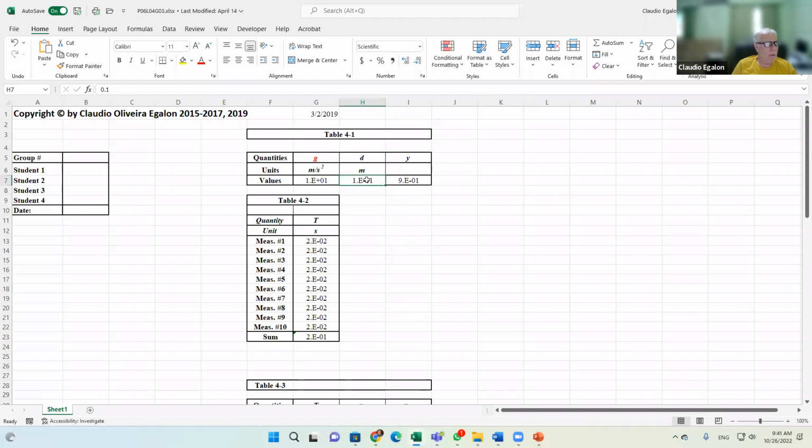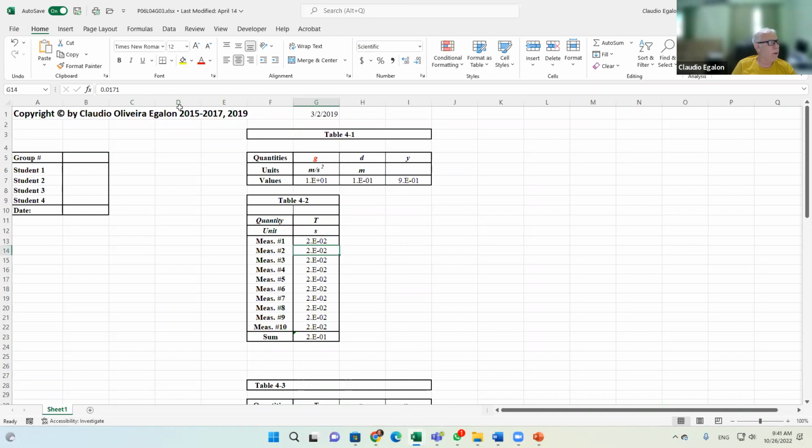Remember, the projectile is being fired 10 times and it goes through this distance of 10 centimeters. That's the first measurement, second measurement, third, and so on, 10 measurements. It takes more or less 0.0163 seconds for this one to go through 10 centimeters.